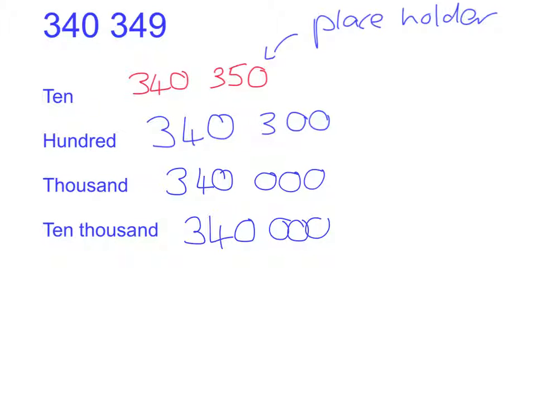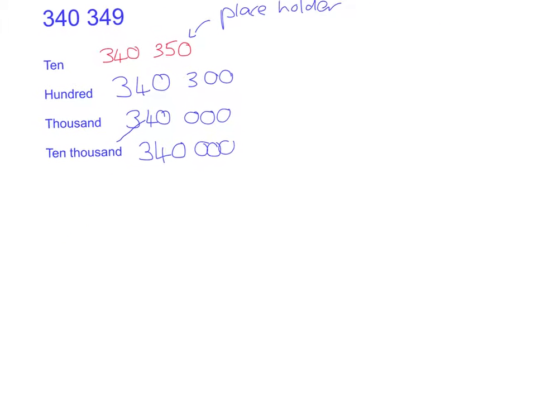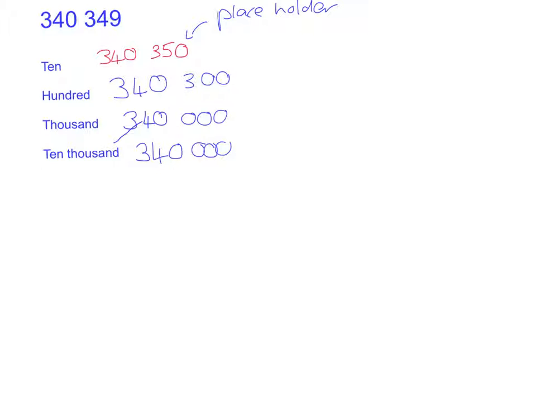Now, the problem is that if my number had not been 340,349, let's imagine that my number had been something like this, 0.034.